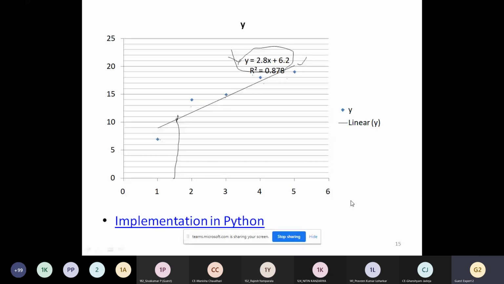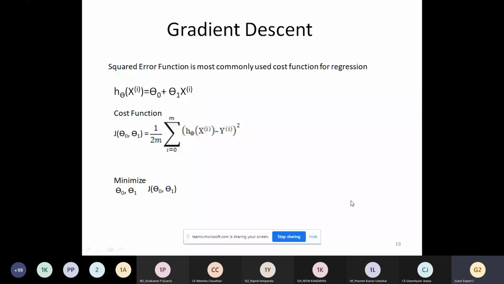Now, as I have told you, there are two techniques. One is the least square estimator and the second is gradient descent. Gradient descent is the other method which is used to find the values of theta 0 and theta 1.